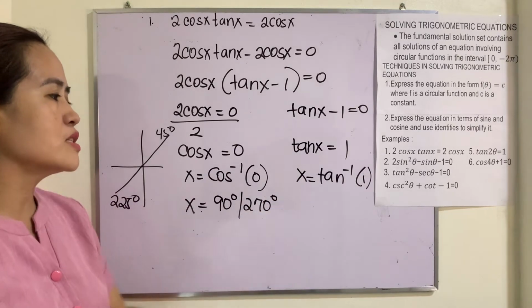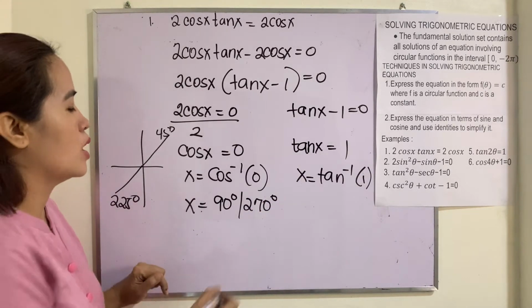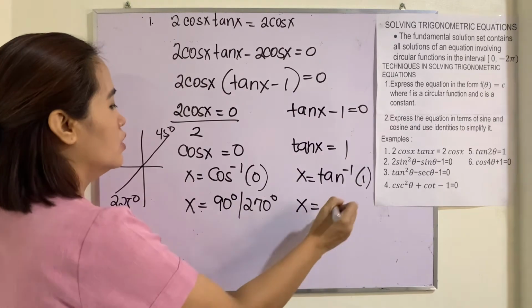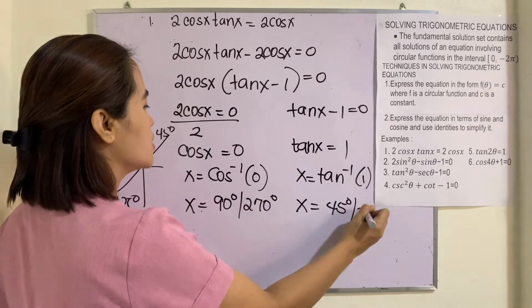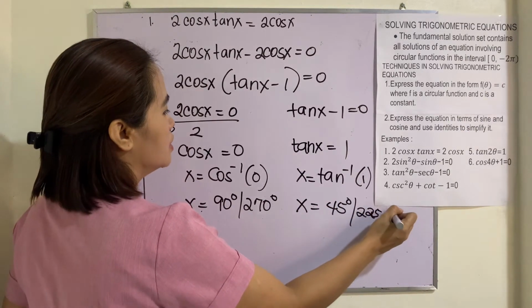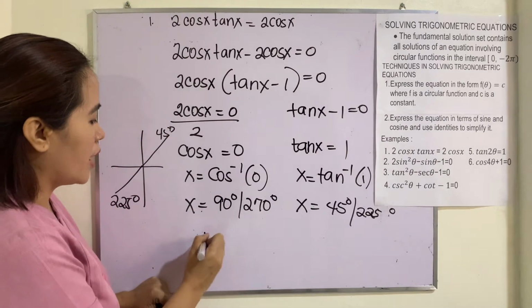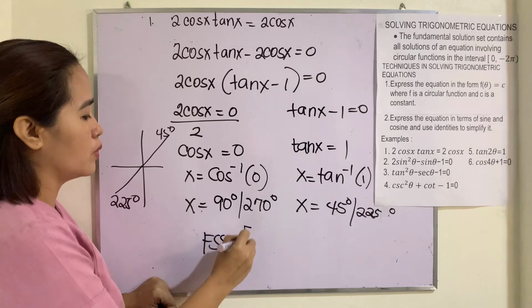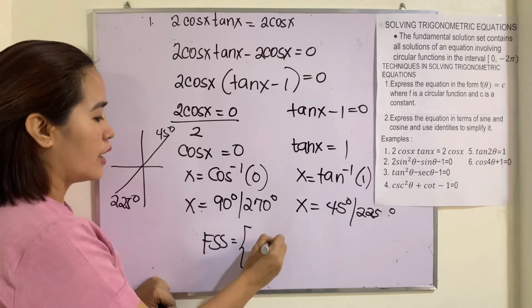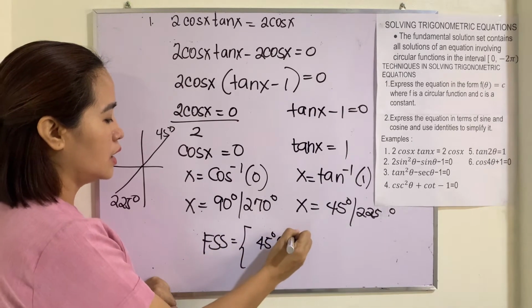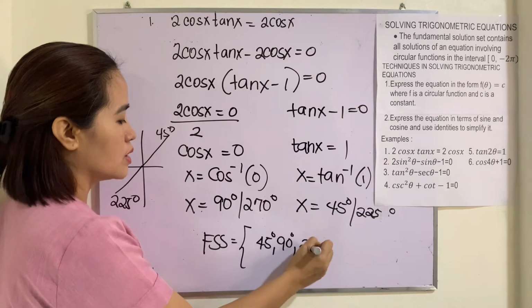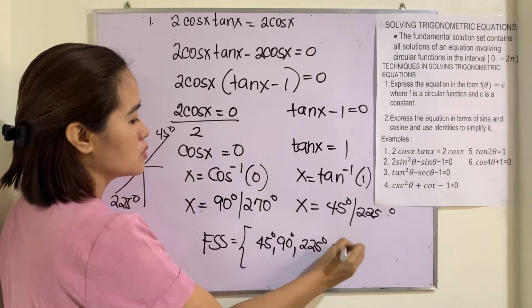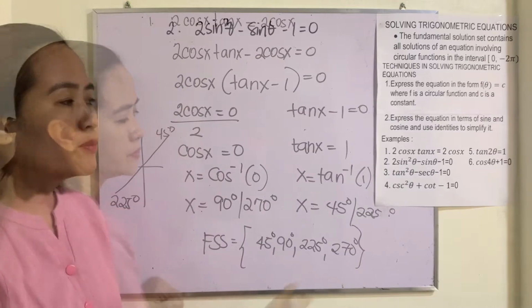The value of tangent there is positive 1. Therefore, we have 45 degrees here and 225 degrees. So our FSS, our fundamental solution set, therefore, is 45, 90, 225, and 270.